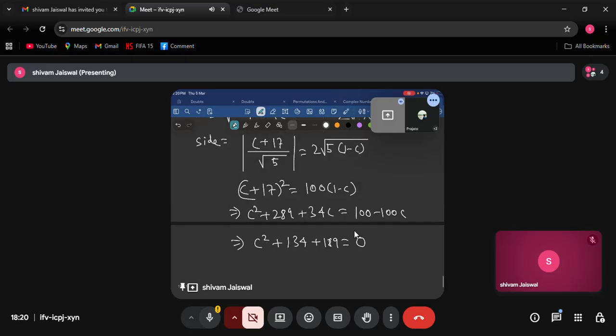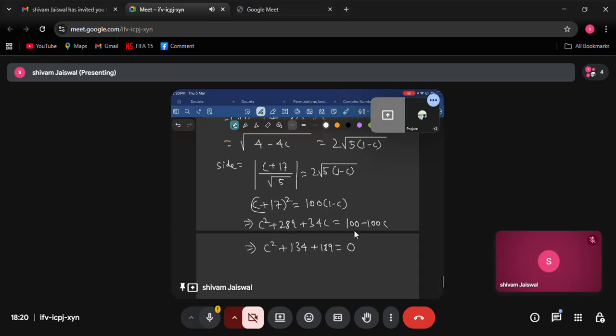Okay. We have to remove some factors. 134c, right?